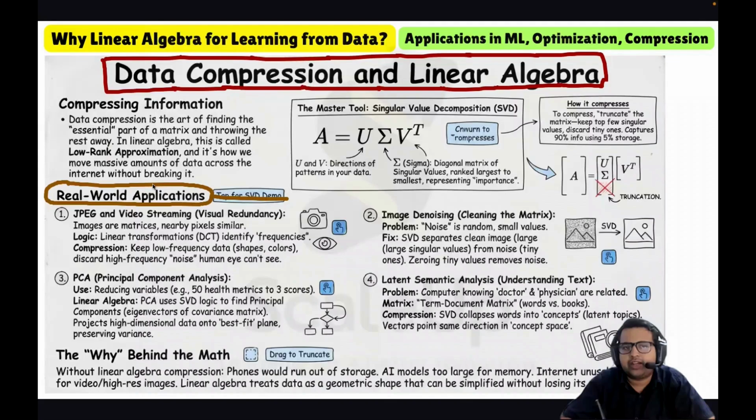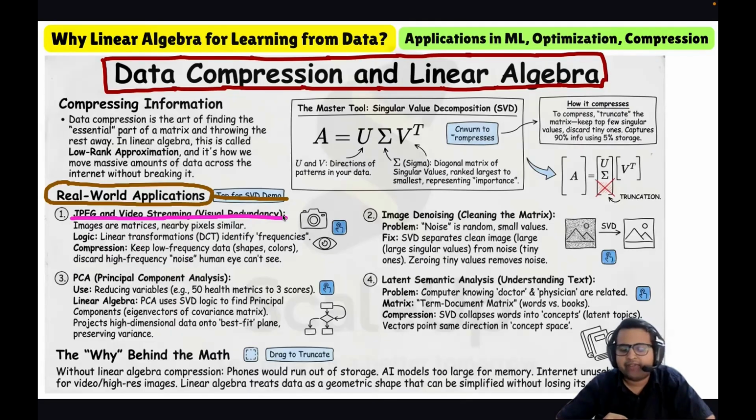So data compression does play a role in JPEG and video streaming, visual redundancy. The idea is that images are matrices where nearby pixels are usually very similar. So how do we compress it?